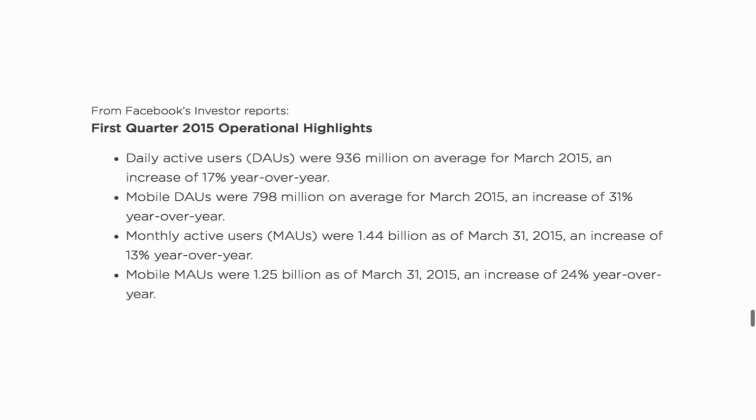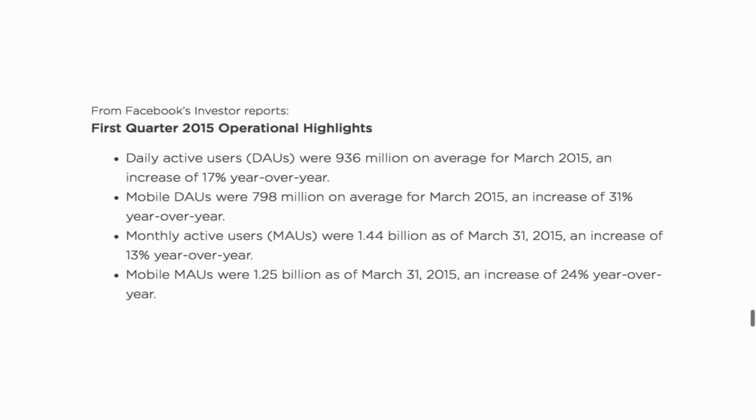Now, the mobile daily active users, this is very important, were 798 million on average for March 2015. This is an increase of 31% from the year prior. You can see how quickly the rise is of probably your customer accessing Facebook on their mobile device.